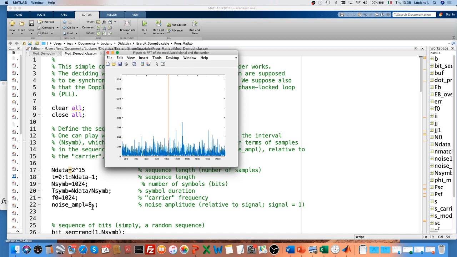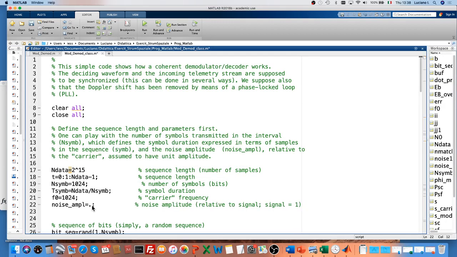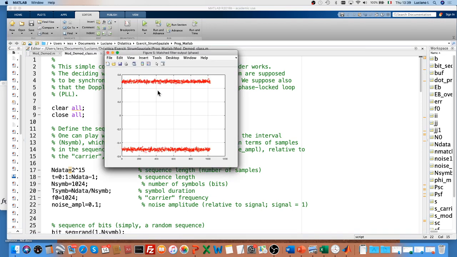If you want to see them, you have to reduce the noise, for example, let us say 0.1. Okay, so we make the signal to noise ratio very large in such a way we are able to see the sidebands. And you can see that with this huge signal to noise ratio, the two clouds are very well separated, and therefore no errors are foreseen.